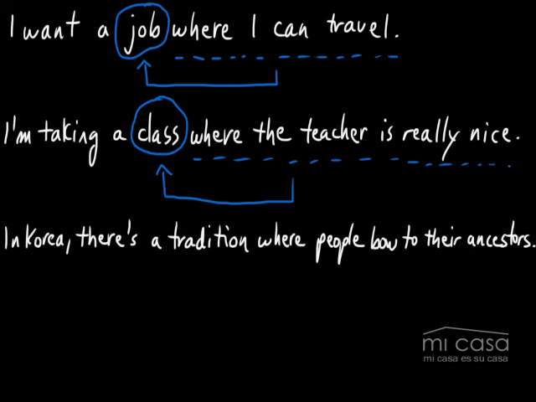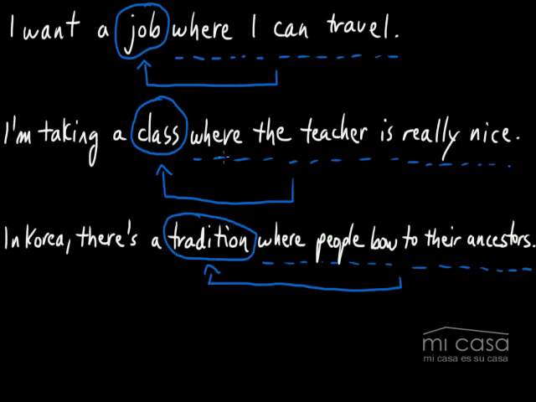Again, here we have where plus a full sentence. People bow to their ancestors. And again, it's referring to the noun that comes before, in this case, a tradition. If you look at these three examples, you can really understand that you don't have to use it with a place. You can use it with many, many things.